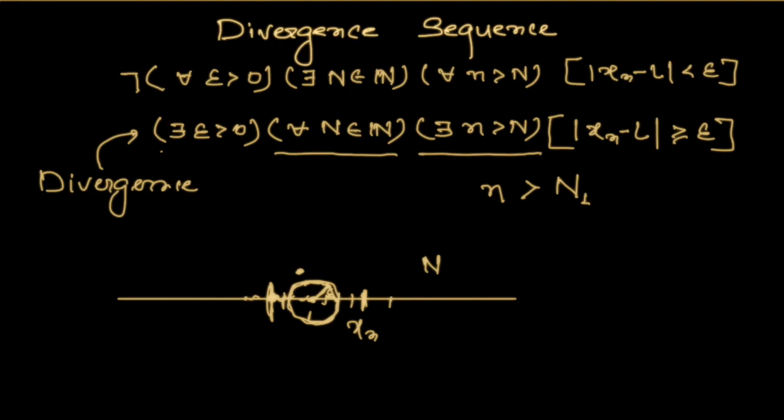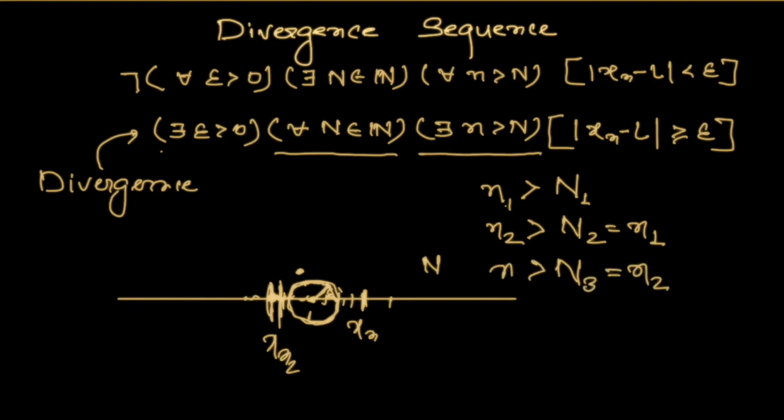Now take N to be n1. Then you will again get another term beyond this, call it xn2, which is outside this red circle. So suppose you get xn2 here. Now you fix N to be n2.